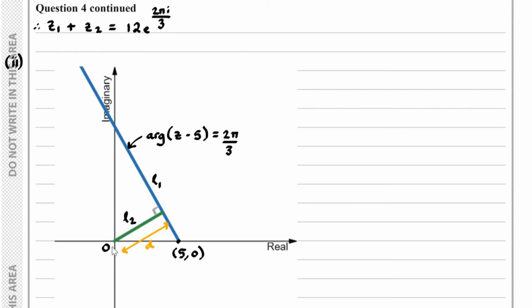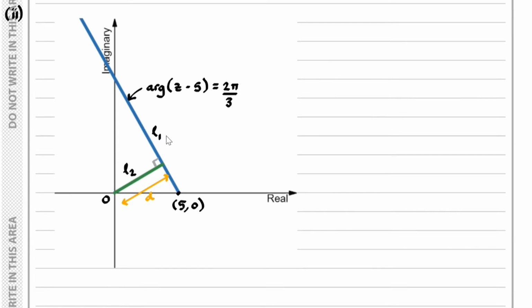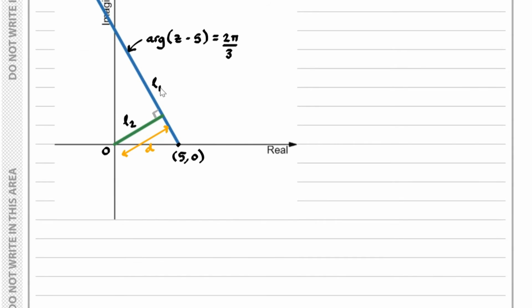We can then use the distance formula to find out the least distance, d. So, to find out what the equation of line L1 is, first of all, we need the gradient of L1.